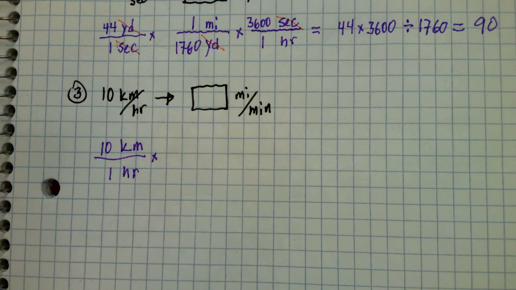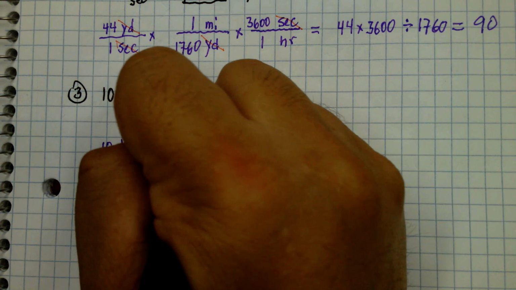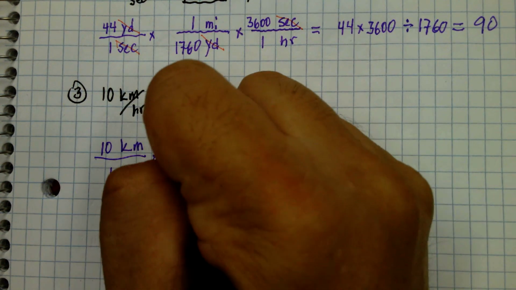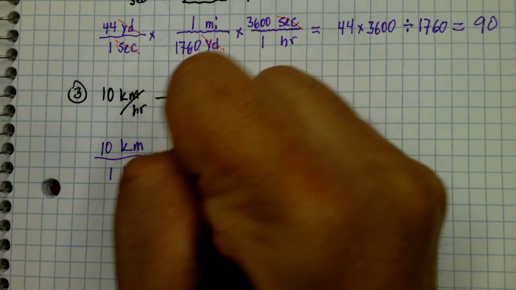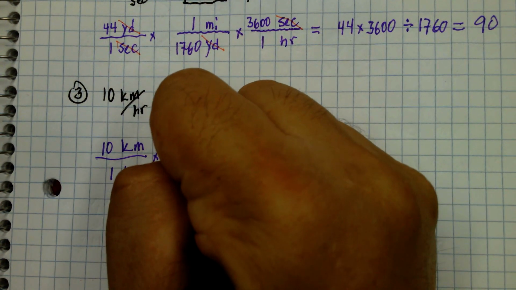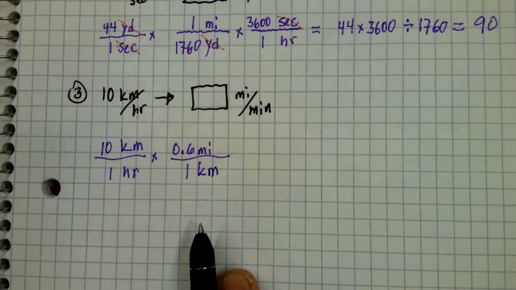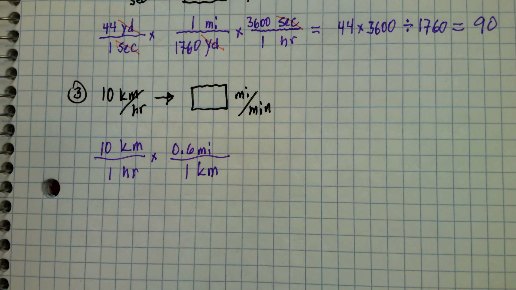And did you know that it's 0.6 miles in 1 kilometer? It was 0.6 miles. Okay, so that's the conversion you need to know. 1 kilometer is 6/10 of a mile.